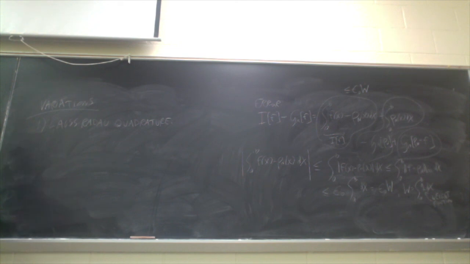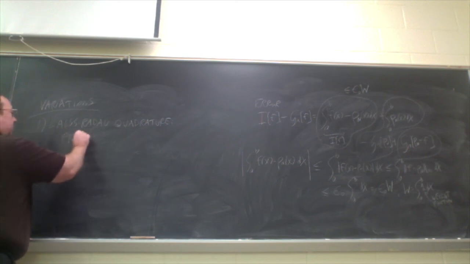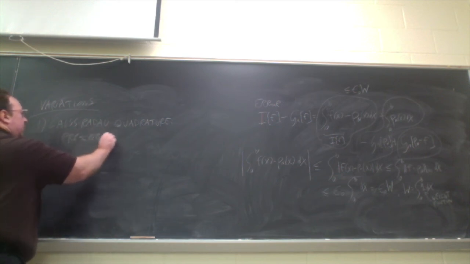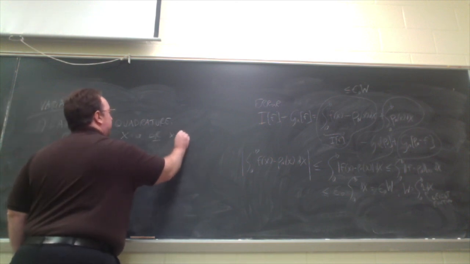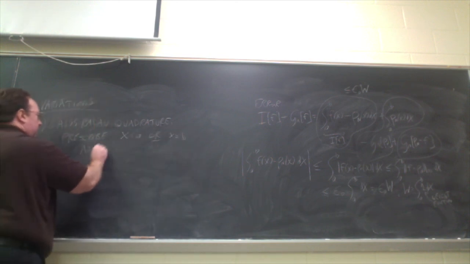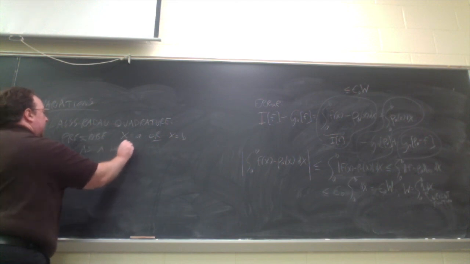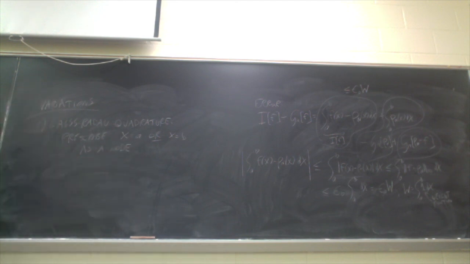But with these variations, you are allowed to prescribe one or two nodes. So Gauss-Radau, you prescribe a or b as a node.